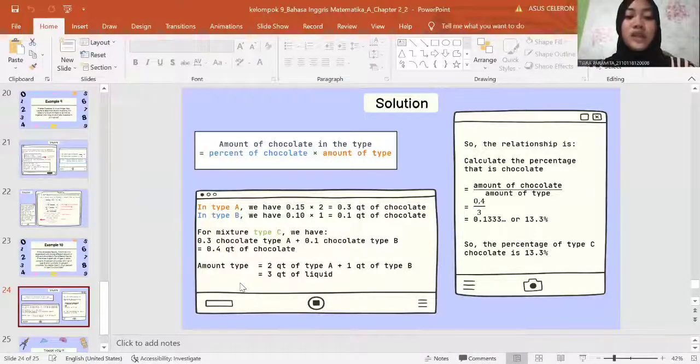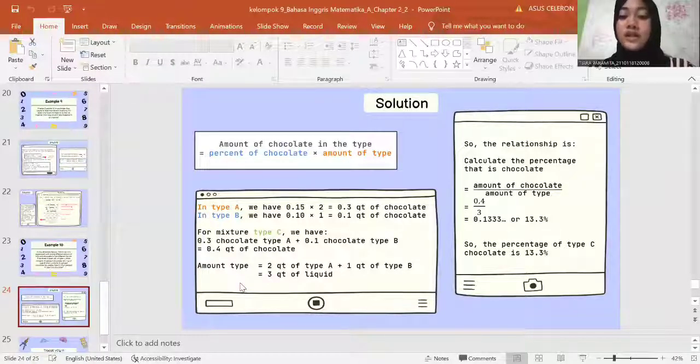For mixture type C, we have 0.3 chocolate from type A plus 0.1 chocolate from type B equals 0.4 quart of chocolate. Amount of type equals 2 quarts of type A plus 1 quart of type B equals 3 quarts of liquid.